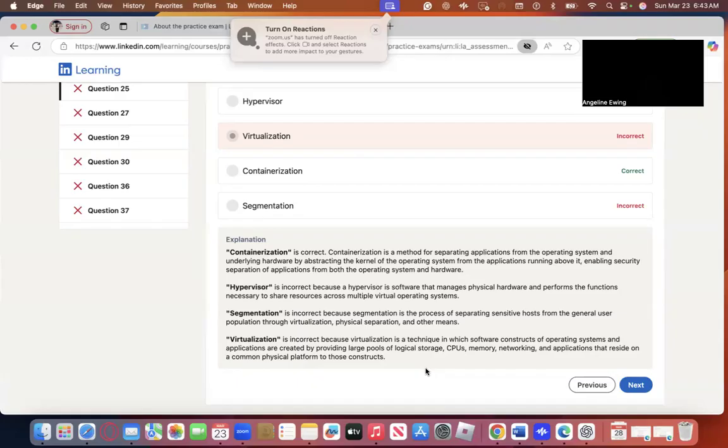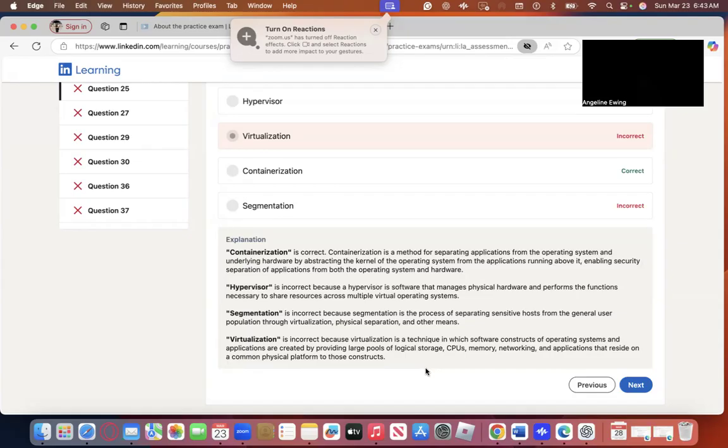Hypervisor is software that manages physical hardware and performs the functions necessary to share resources across multiple virtual operating systems. Segmentation is the process of separating sensitive hosts from the general user population through virtualization, physical separation, and other means.